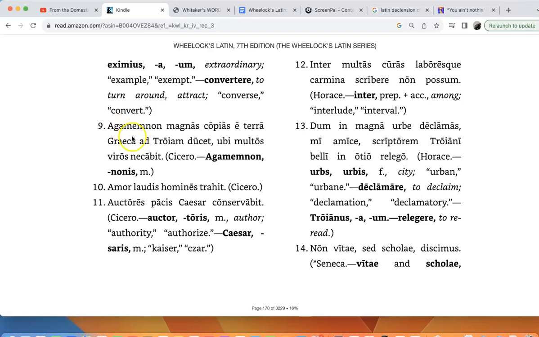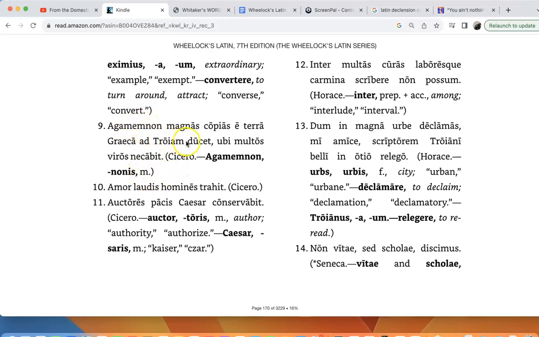And of course, she was abducted after the judgment of Paris, rather, and Agamemnon had to defend Helen's, or in this case, I guess, Menelaus's honor, and of course that is what started the Trojan War. Anyway, that's the context for that.